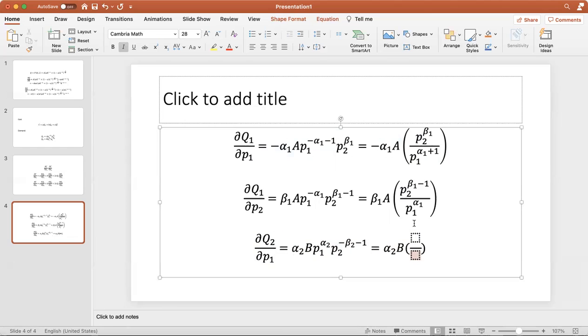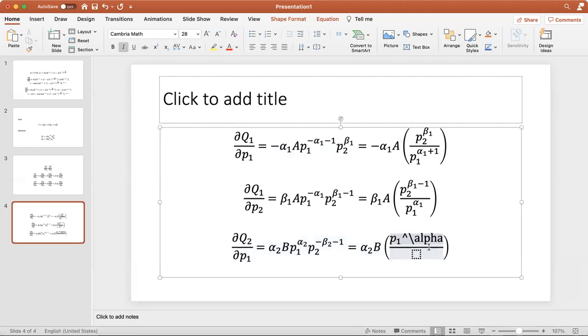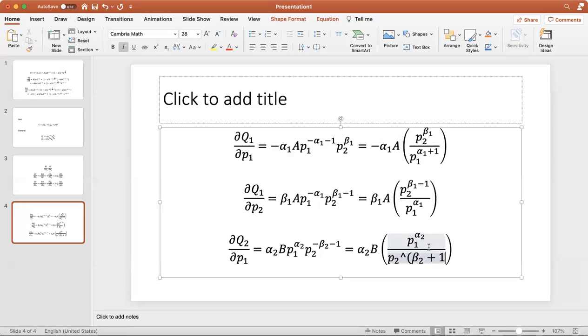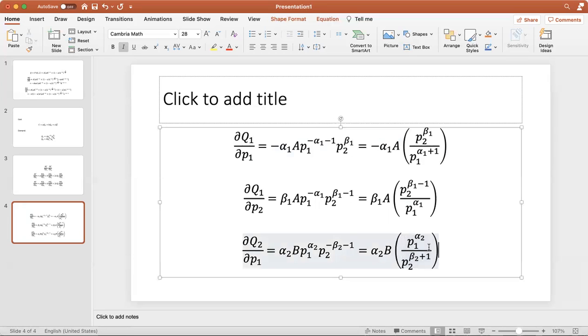You have a fraction here, in which case that's P1 alpha 2, and then you have P2 on the bottom as the denominator, beta 2 plus 1, right? That's your P1.